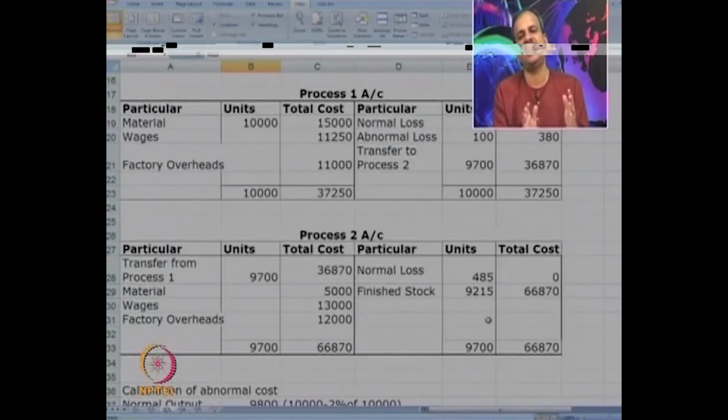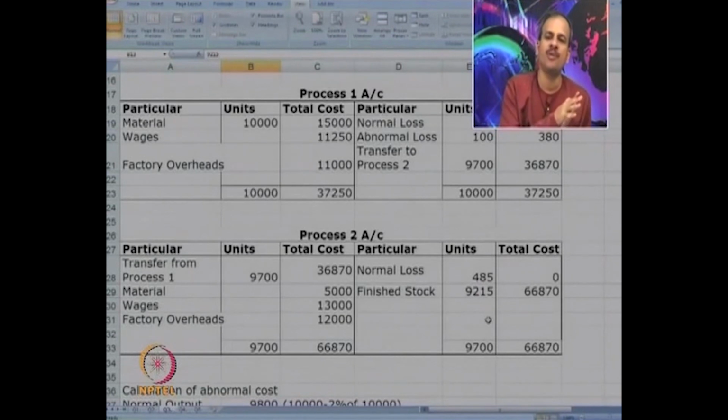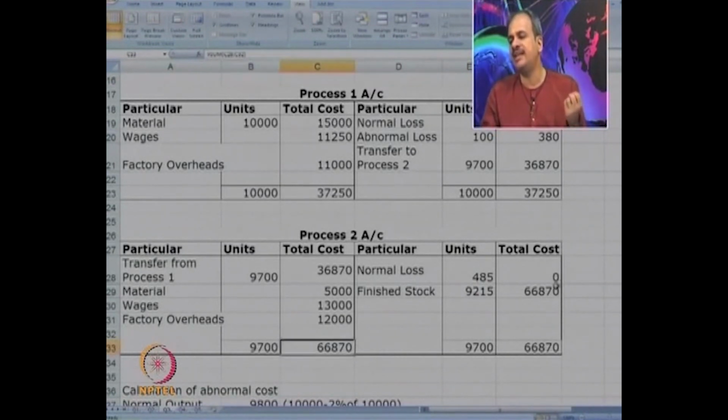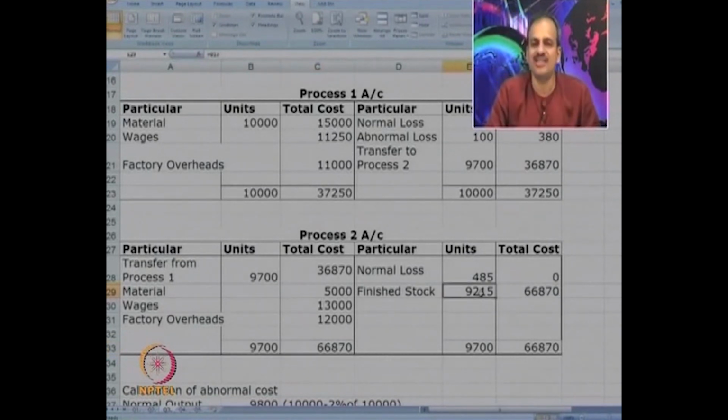So there is neither any abnormal loss nor any abnormal gain. So calculation becomes very simple. Entire 66,870 charged to stock of finished goods. Is it clear? So now there is no need to calculate the cost of abnormal loss, because the output exactly matches the normal output, right?